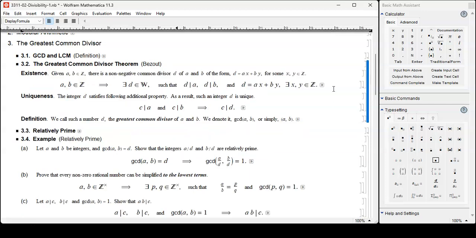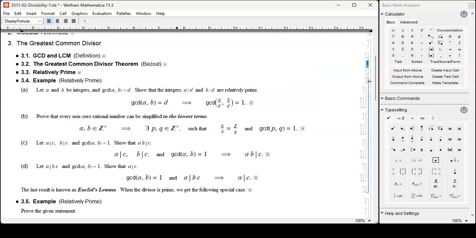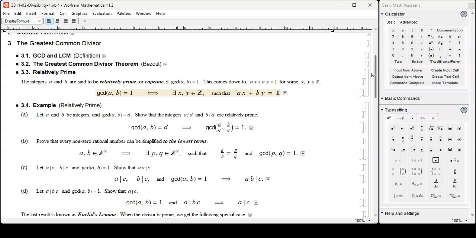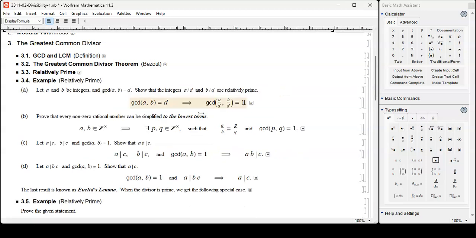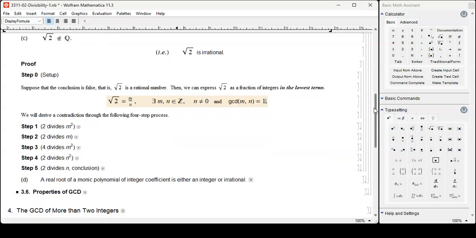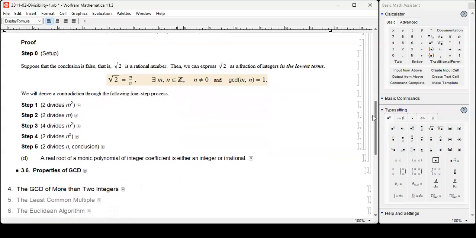We established this Bezout expression, the linear combination expression, and then we used that to establish relatively prime, and we used that to prove part A, and we used that to prove part B, and that's what we are using here in this example problem. So the fraction already reduced to the lowest terms is always possible, so let's start from there. And then we can derive some contradictions out of there.